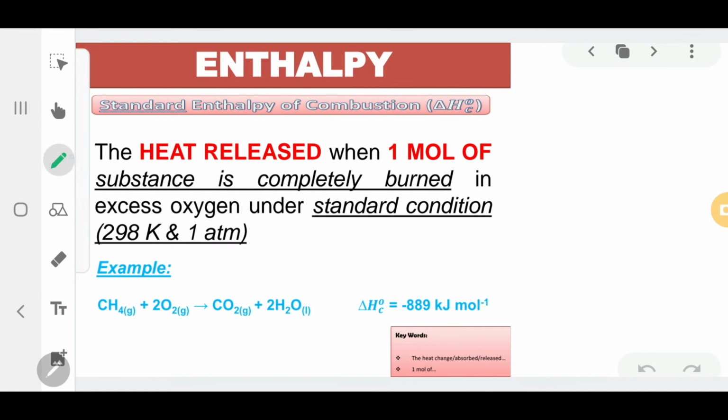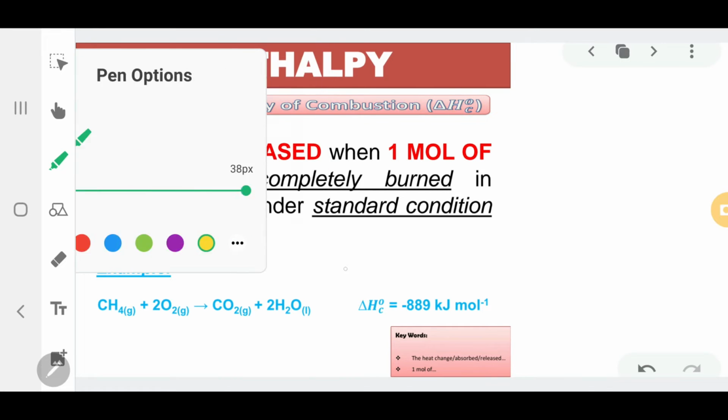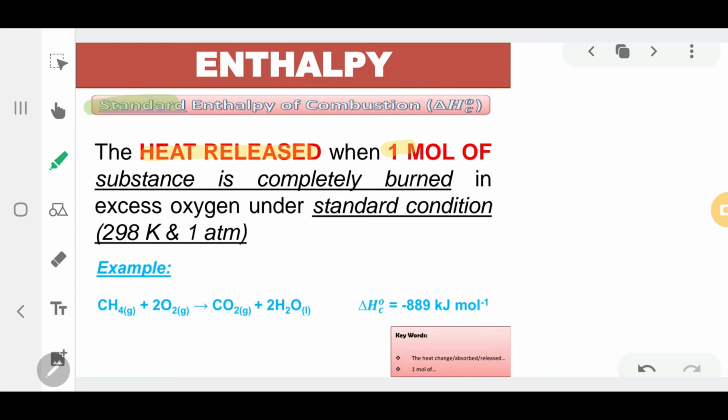Looking at the standard enthalpy of combustion, it's the same as the enthalpy of formation in that the heat is still released, and 1 mole of substance is completely burned in excess oxygen.